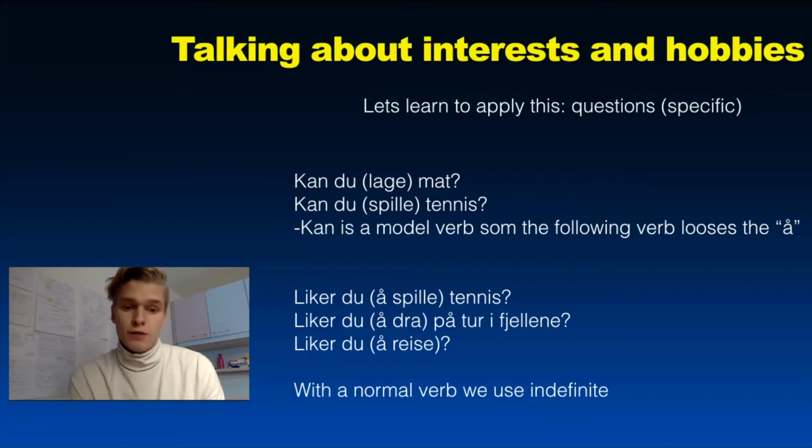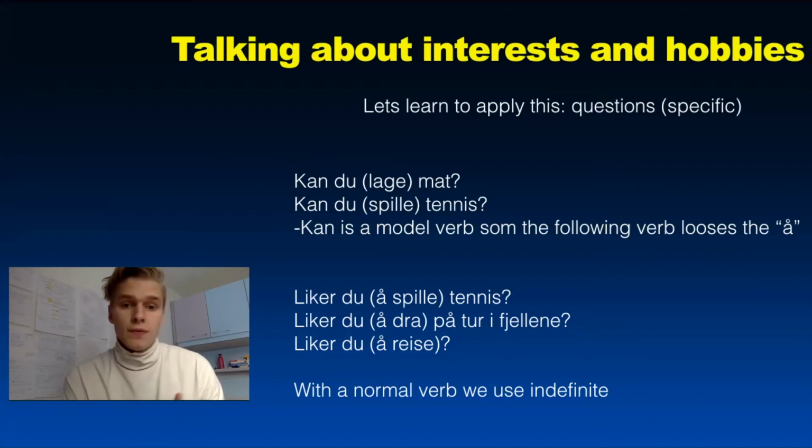With something else, like "to like", it will be the infinitive: liker du å spille tennis. That's the normal one, and it goes for all verbs. But when we use a modal verb, we lose the å, so it's just spille, lage.